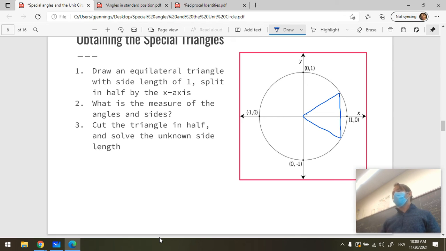It's going to be 60. So 180 divided by 3, because all the 3 angles are the same, 60. If I'm looking at 1/2 of those, this would be 30 degrees. And this gives us our 30, 60 degrees, and then here's our 90. This is the 30, 60, 90 triangle.